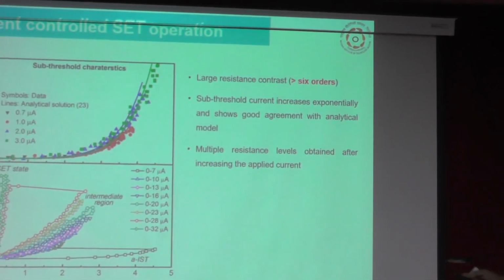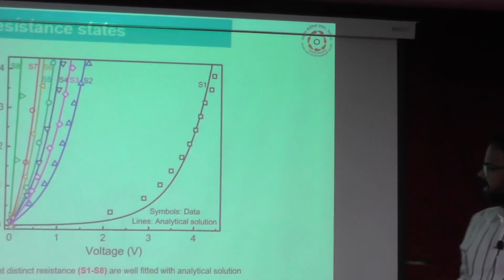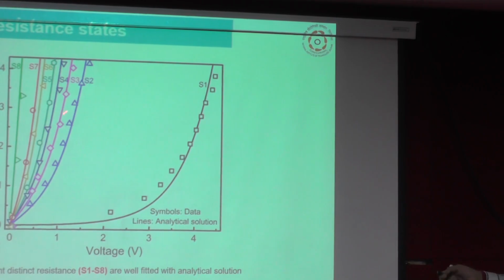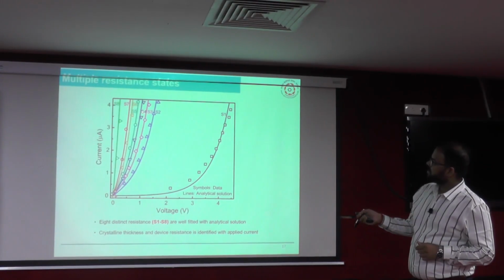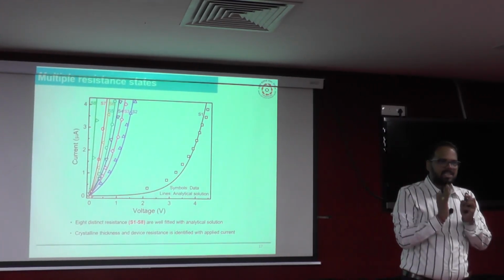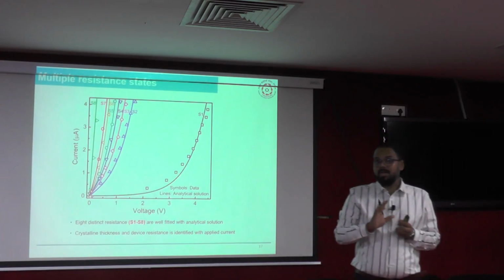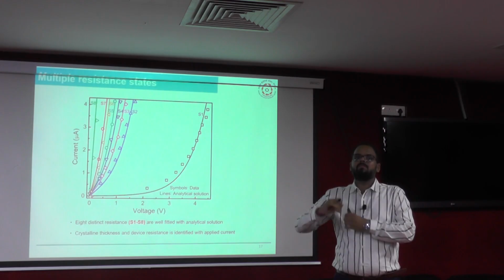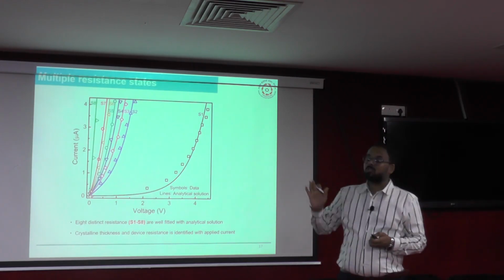Now if we look more closely at these states, 8 distinct states can be identified: S1, S2, S3, S4, up to S8. It means 8 distinct levels can be seen in this material. I'm not saying it could be properly seen earlier, because this is in case of set.